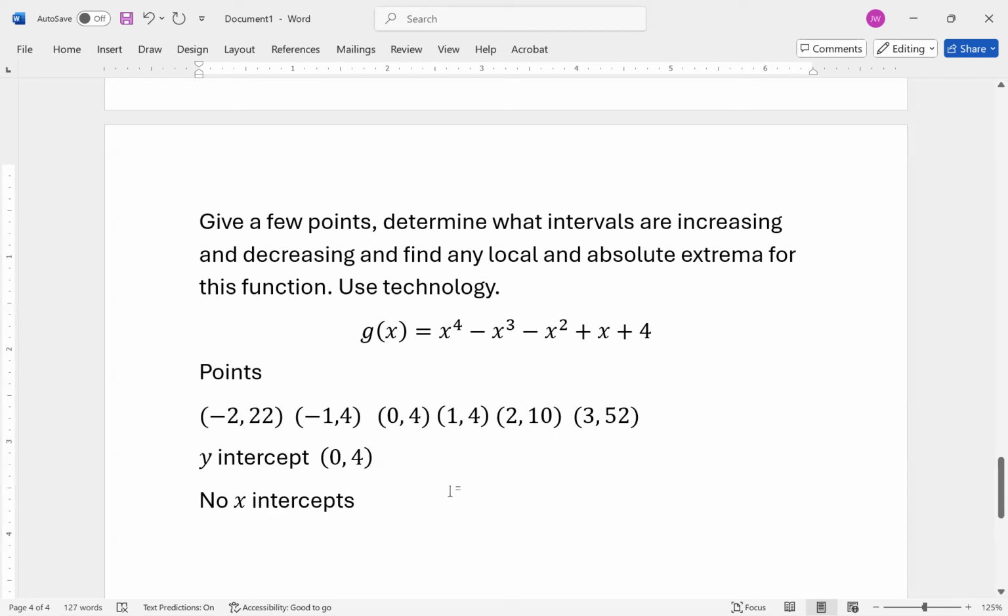All right, so those are the points that I'm looking at. Obviously, we could have other points. We don't have to list all of these points, but those are some interesting ones.